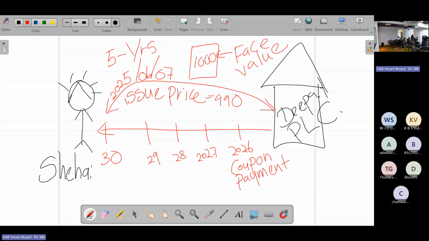Coupon payment equals face value multiplied by coupon rate.